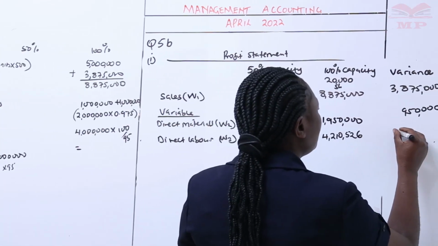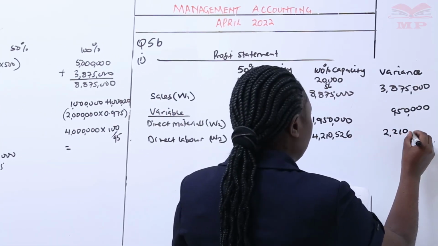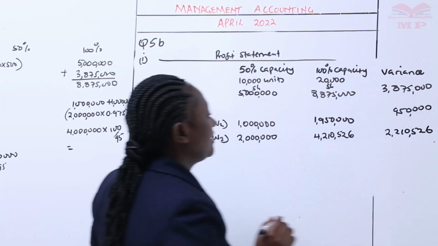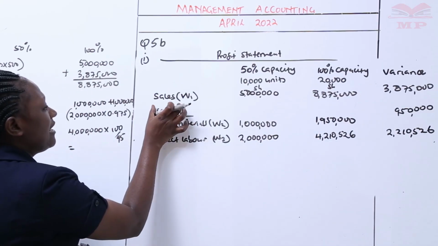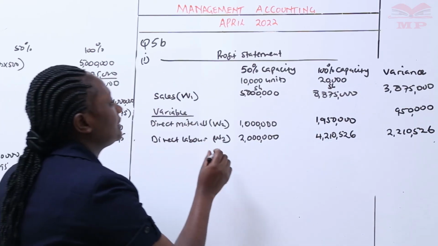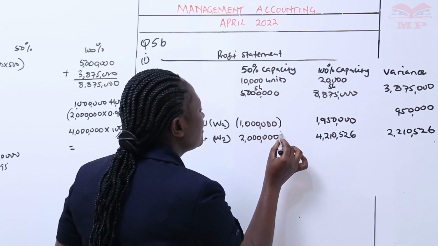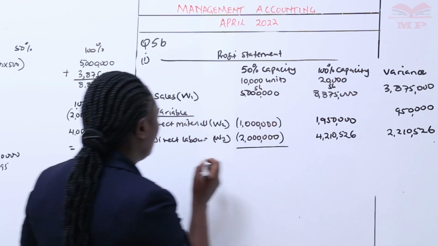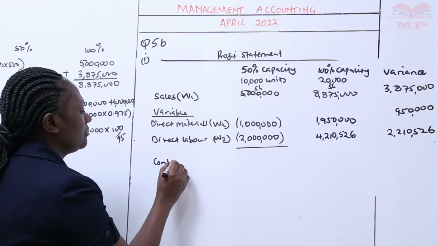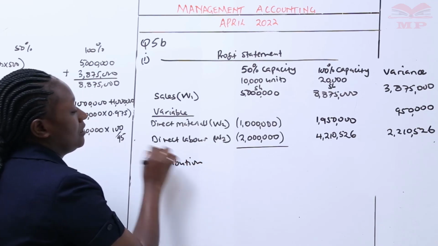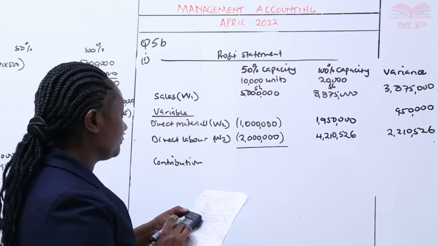The variance will be 2,210,526. So we normally have sales less variable costs. We now subtract this to show what we refer to as contribution.